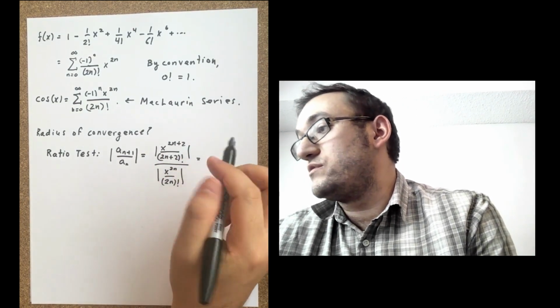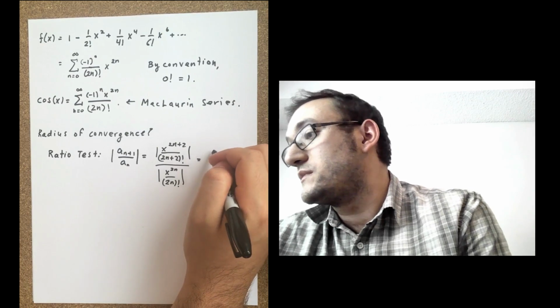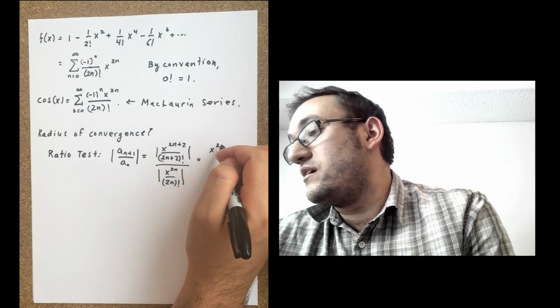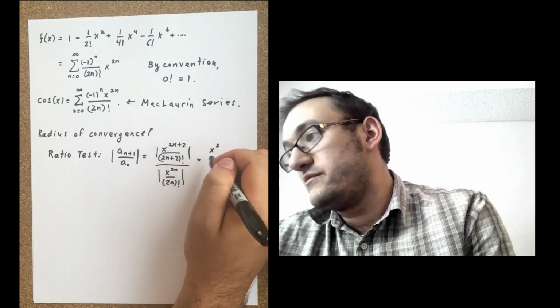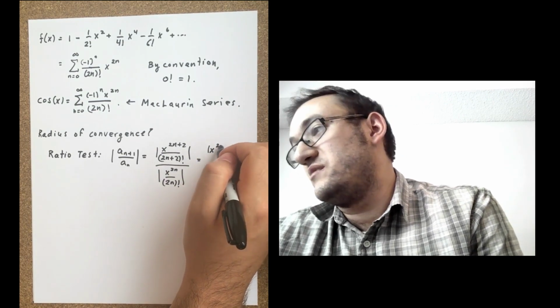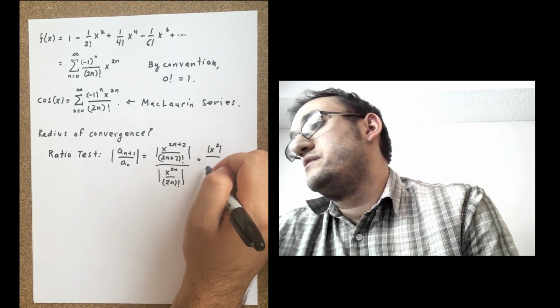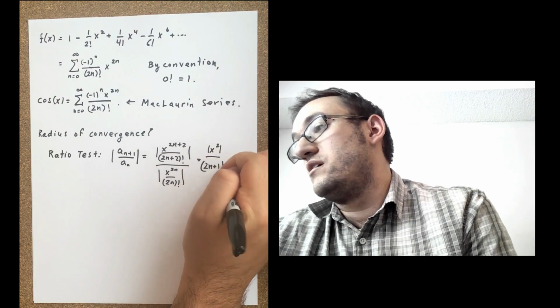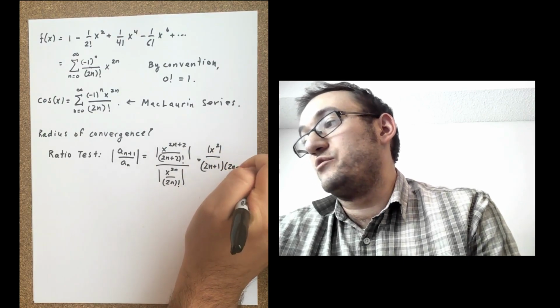which is equal to x to the 2, just x squared. We should probably put an absolute value, but because it's a real number, we don't really need it, but let's put the absolute value in for now. Divided by 2n plus 1 times 2n plus 2.